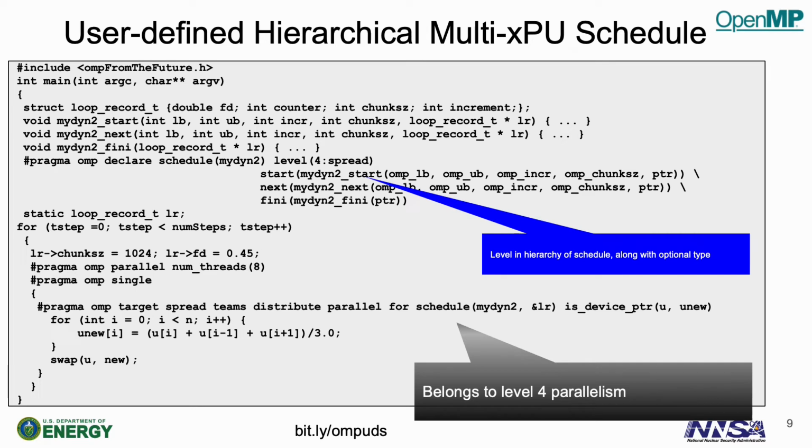Here's how this would work in application code. And here, this is where a user-defined multi-GPU schedule is really important, because what does it mean for a schedule across multiple GPUs to be dynamic? It could be static on the CPU side and dynamic on the GPU side, or vice versa.